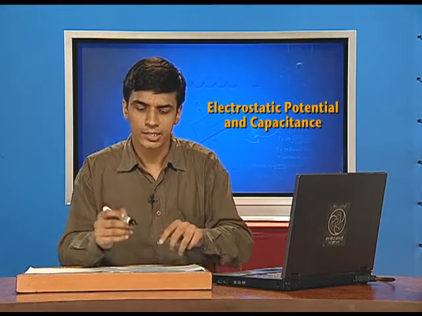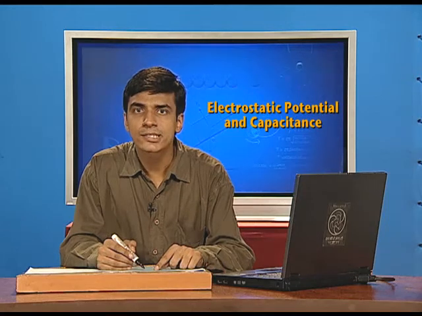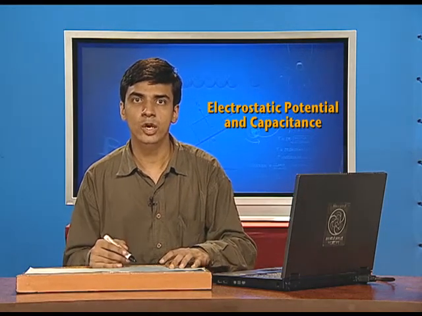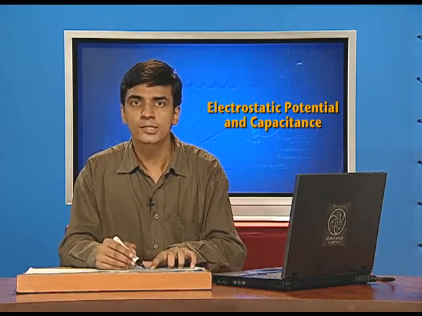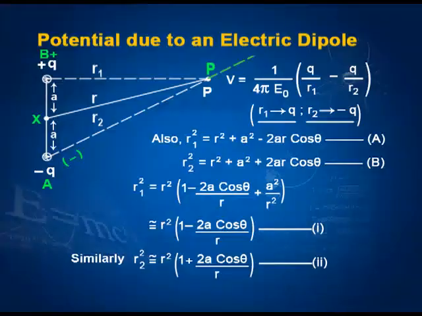I can see that r1 square is nothing but r square plus a square minus 2ar cos theta, because there is always a certain angle of inclination and I must take that into consideration. Similarly, for the negative charge, r2 square is r square plus a square plus 2ar cos theta.